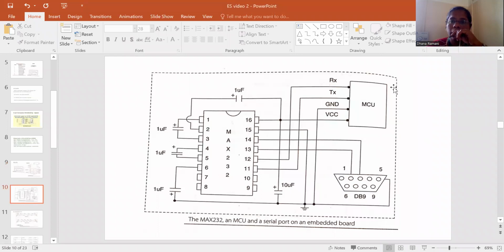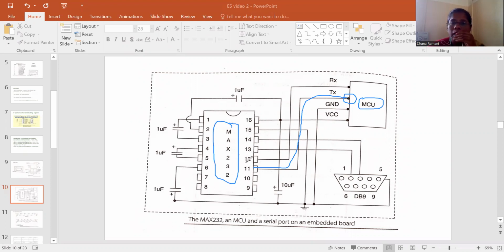Here you can see the MCU unit, from which the signal will be transmitted to the MAX IC. Let me take the pen again. From the microcontroller unit, the signal is transmitted to the MAX232 IC, the RS232 standard IC, where the signal level at the microcontroller unit is in the TTL standard, 0 to 5 volt.